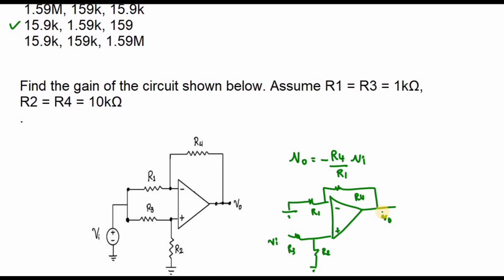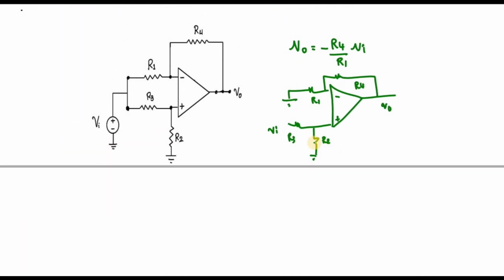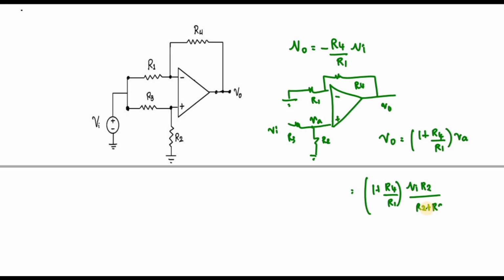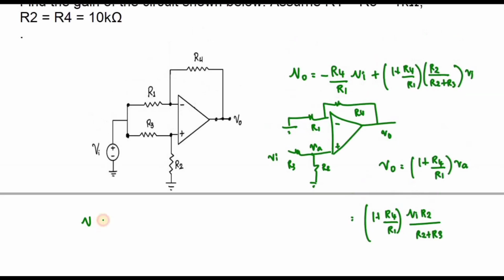At this point, if I take this as VA, my V naught is equal to 1 plus R4 divided by R1 into VA, where VA is nothing but VI into R2 divided by R2 plus R3. So you can add this: 1 plus R4 divided by R1 into R2 divided by R2 plus R3 into VA. So this is my V naught.